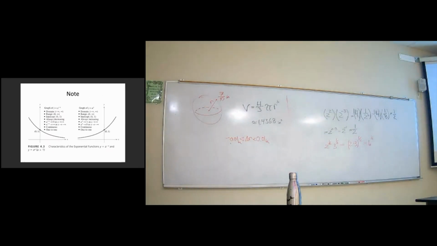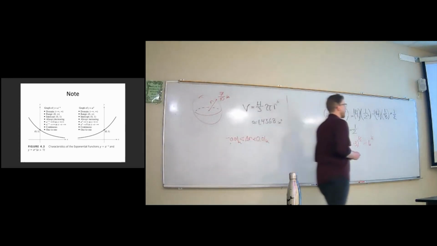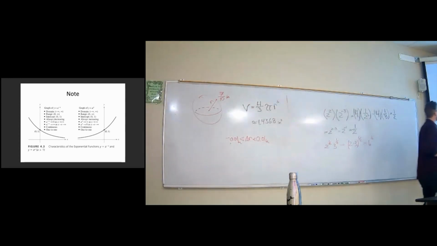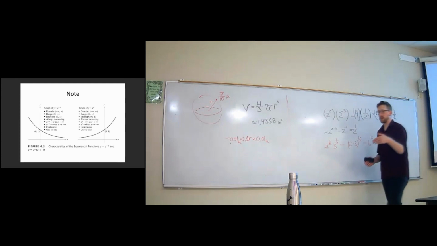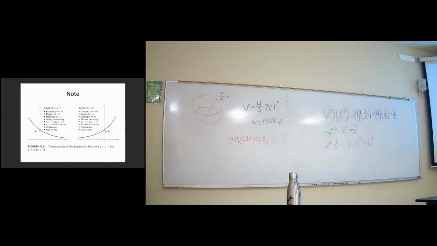And that brings us to some general trends of what happens with exponential functions. Given that a is a constant greater than 1, if your exponent is negative, you're going to have a decaying function. And that's assuming that your base here is greater than 1. And it's going to have all these different characteristics.